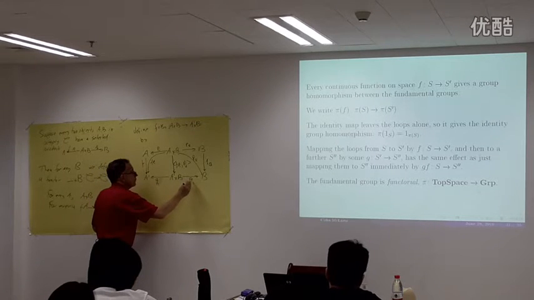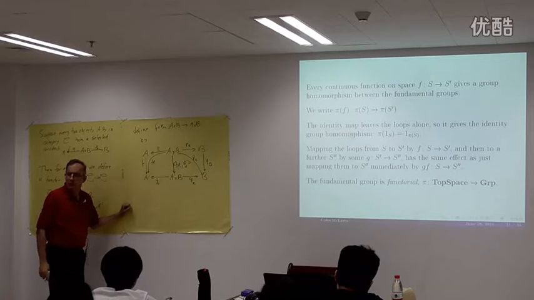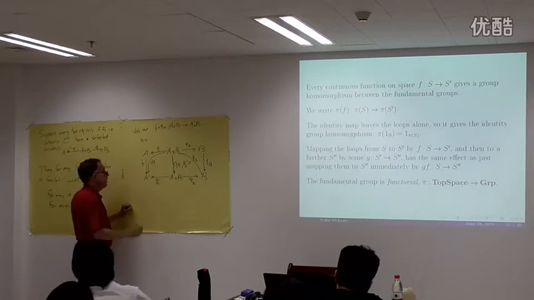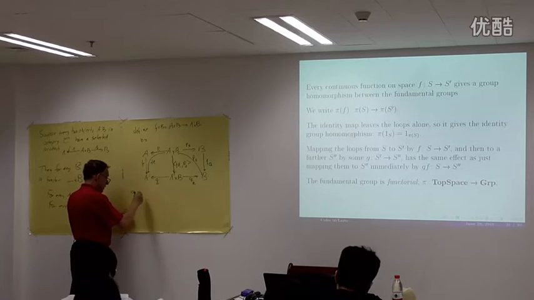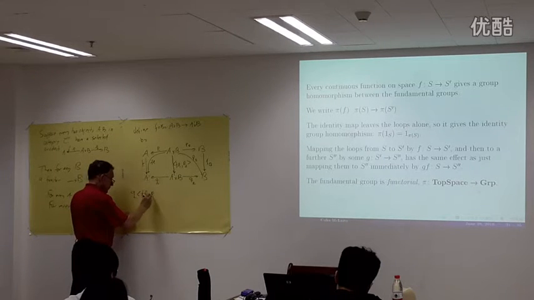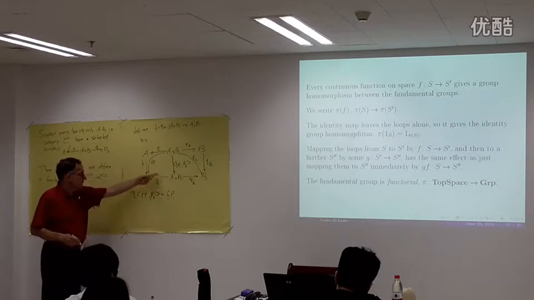I'm not going to call them P prime 1 and P prime 2. That's too hard to read. The defining property is Q1 of this arrow, <f P1, P2>, is f P1. That's always my defining property.